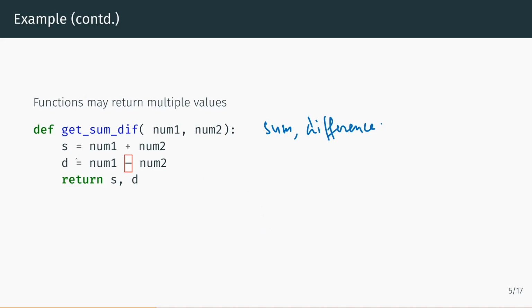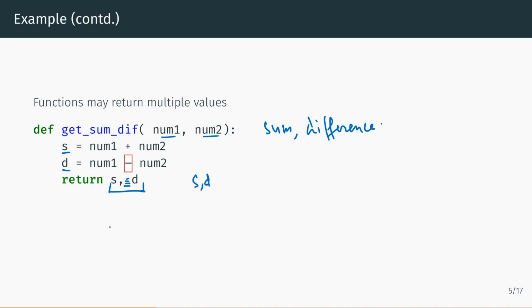As usual, it takes two arguments, and then calculates the sum, s equals num1 plus num2, and then calculates the difference, d equals num1 minus num2, and then it returns s and d. So the syntax of returning values is using a comma, and the space is immaterial. You can just say s,d without a space.